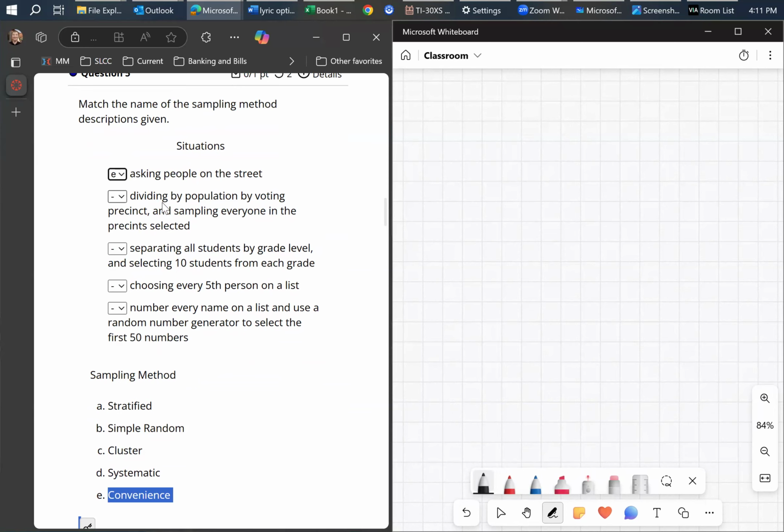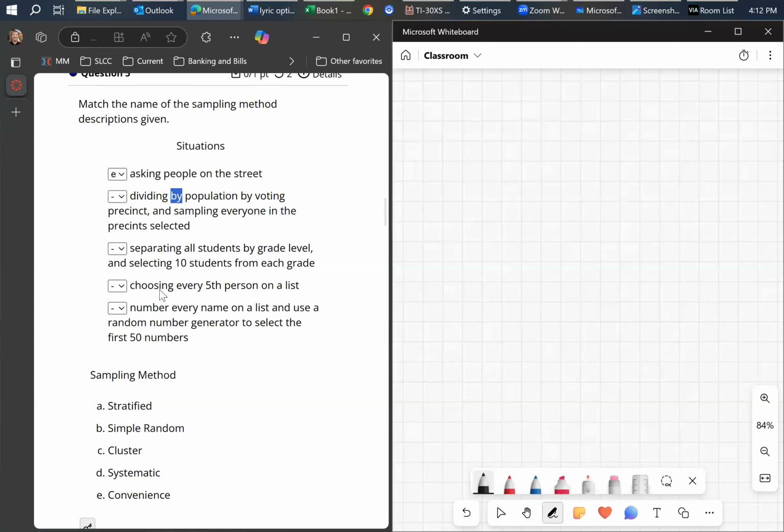Dividing the population by voting precinct and sampling everyone in the precincts selected. This has a couple of weird spelling and grammar issues. Dividing the population.